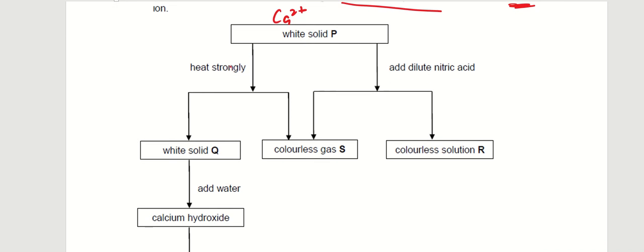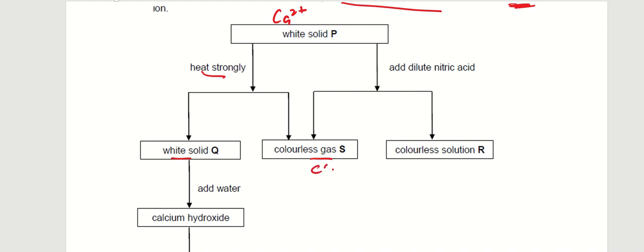Now we heat it strongly and we get a white solid Q and a colorless gas S. Now what kind of gas can we get when we heat a solid strongly? Possibly we could get carbon dioxide.